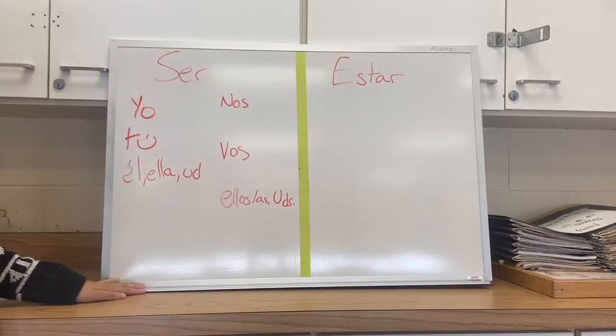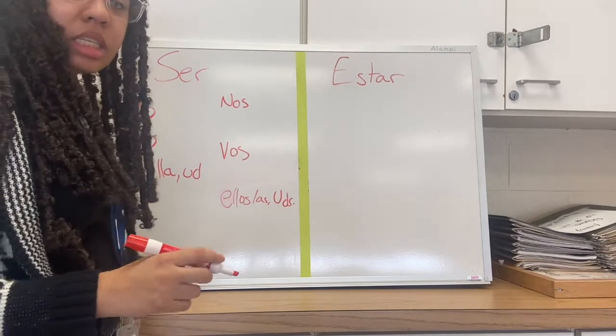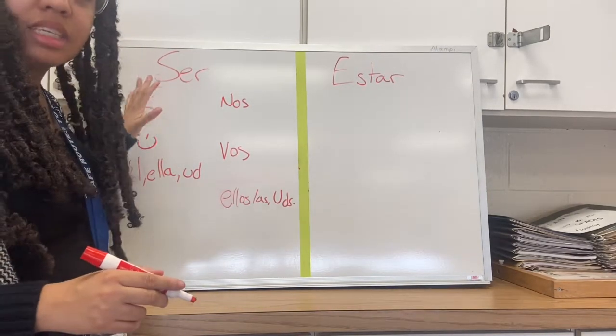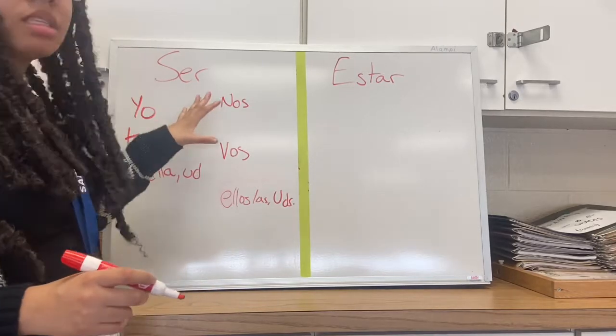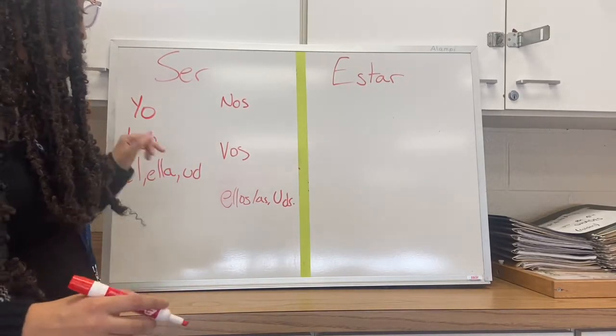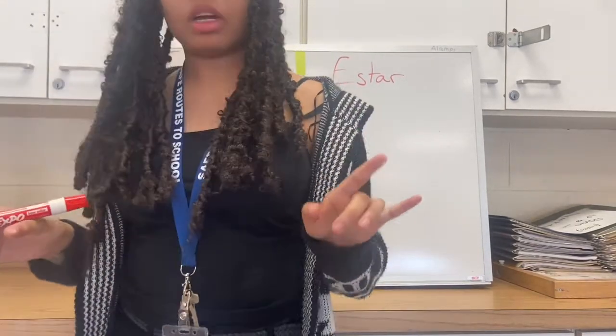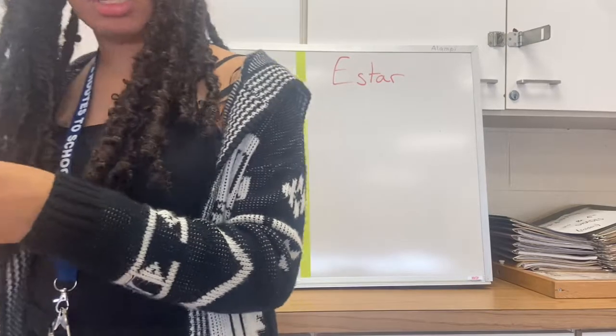Okay? So the reason why we have these 6 different types of conjugations is because the conjugations are based off of the subject of the sentence. Okay? So for ser, remember we have soy. I'm going to get a blue marker just so you can see the different conjugations a lot better.